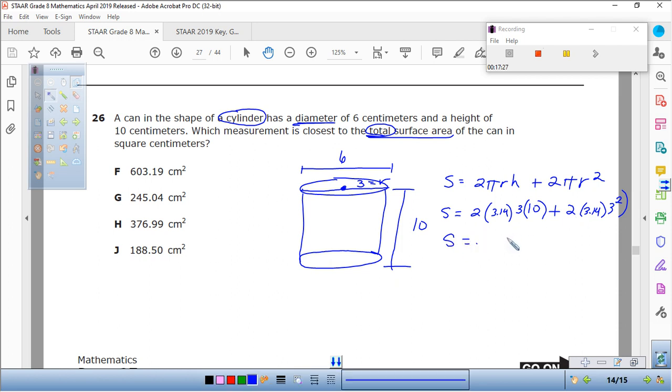What does it give us? 244.92. So that one there is what? The total surface area. And why don't we have the exact answer? Because this thing you can estimate on this one. You can use pi, and you probably use 3.14 or something like that, and you're cool.